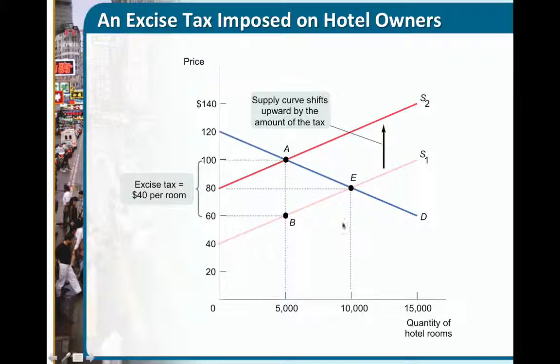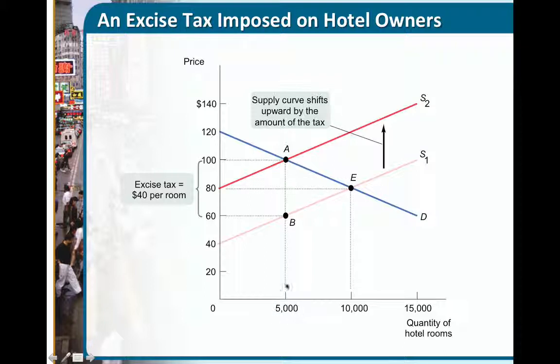As you can see, this point A is half of the quantity demanded for hotel rooms. And the reason this shifts up is because suppliers still want to get their same amount of money per hotel room, so they just add on, say, from point B, you add $40 and you get up to point A. So obviously people are going to pay more for these hotel rooms at any given quantity, and there's less of them.